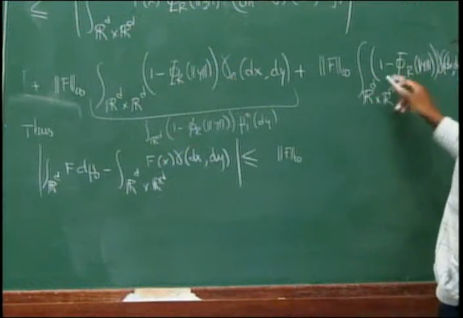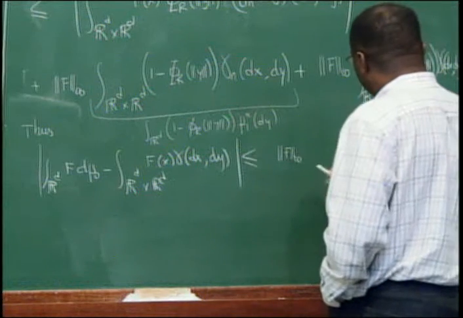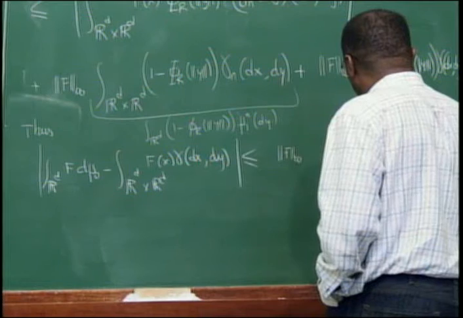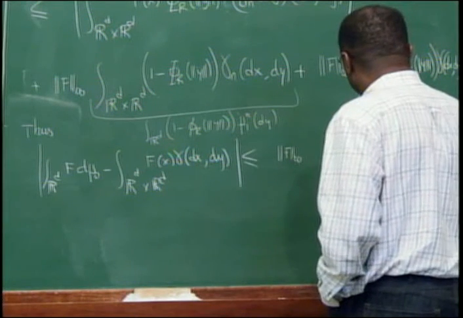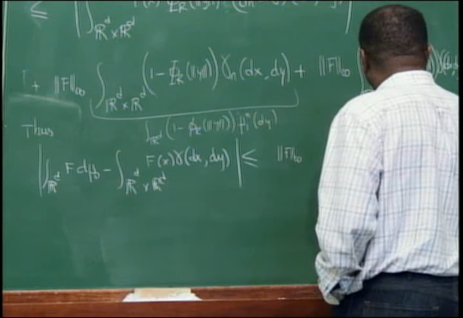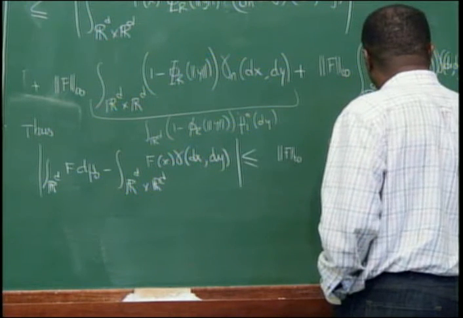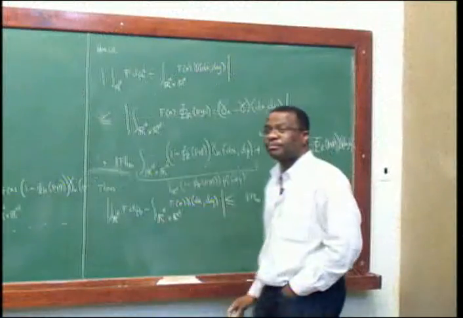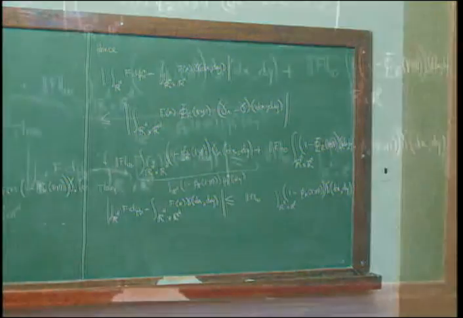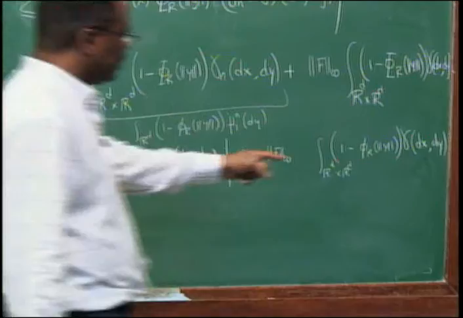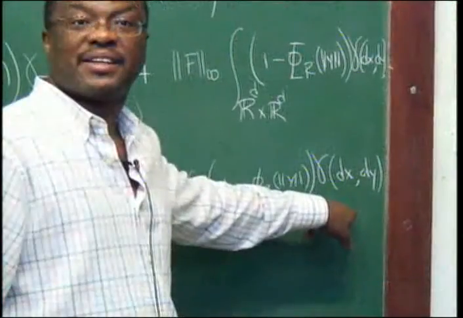I will be left with the integral over Rd cross Rd of 1 minus phi r of y, gamma dx dy. This measure, gamma, is finite.